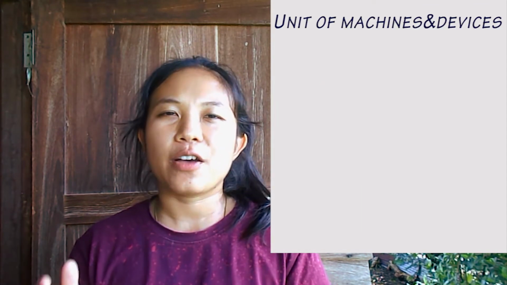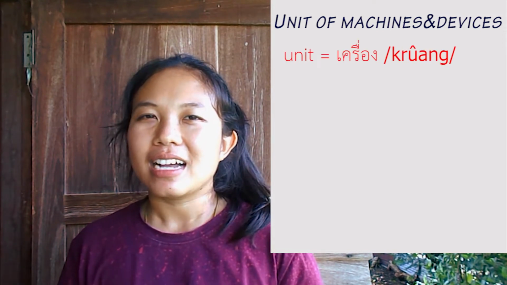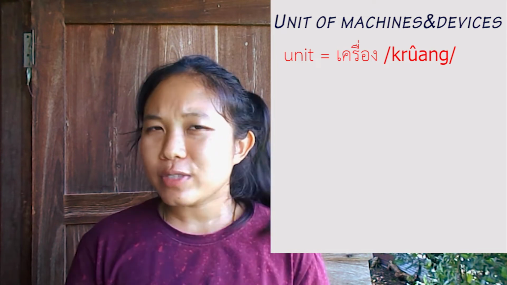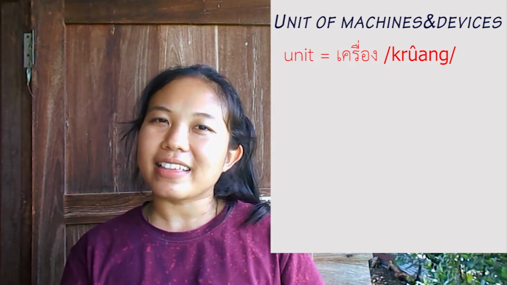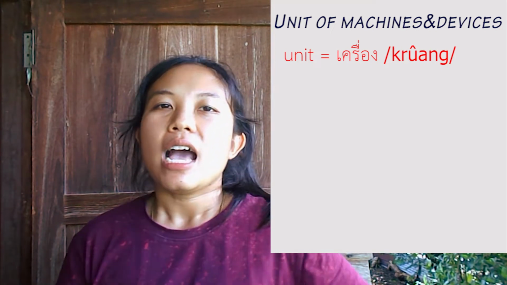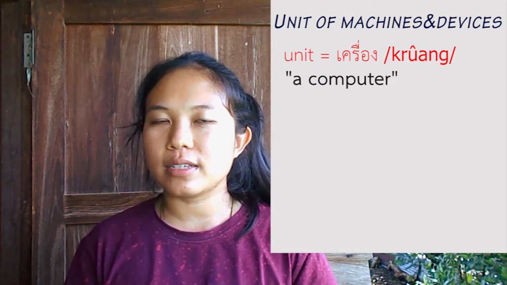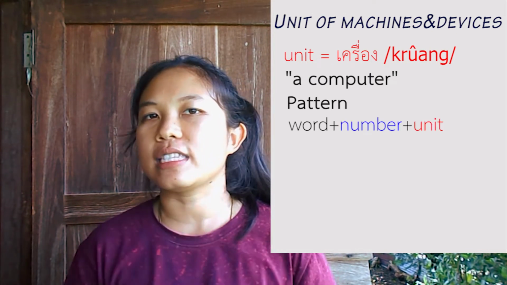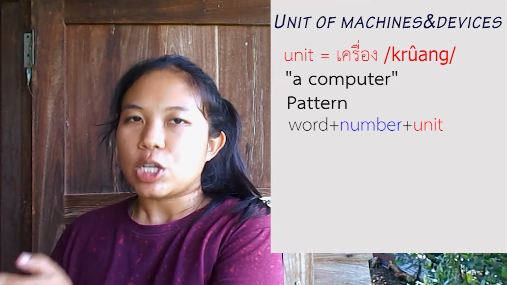Next, the third group that has the same unit is devices. Devices have the same unit, that is เครื่อง. For example computers, telephones, calculators, or anything that are devices. For example, when you want to say a computer, you follow the pattern that I gave you, that is the word and then the number position and then the unit.